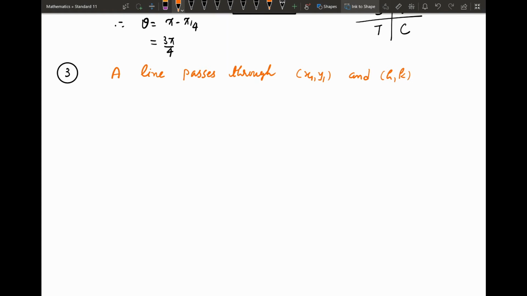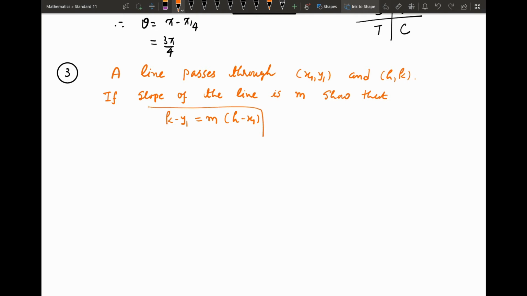If the slope of the line is m, show that k minus y1 equals m into (h minus x1). So we have to derive this result.